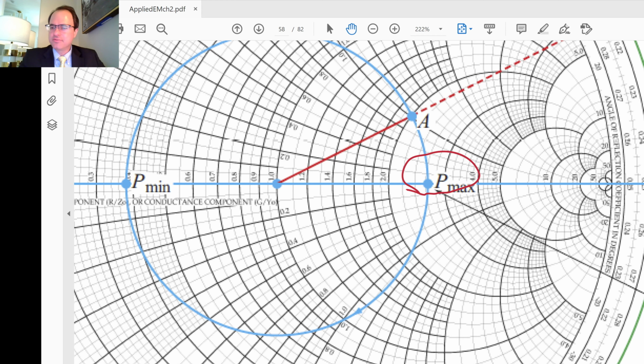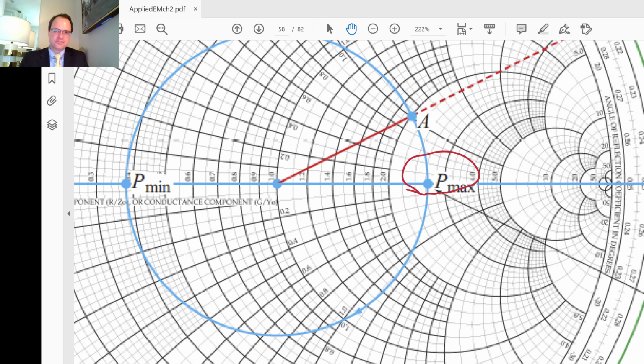And so that allows us to connect the R that we can read off from our RL family of curves in the Smith chart and say, okay, that is our standing wave ratio, which itself gives a connection to the magnitude of the reflection coefficient.